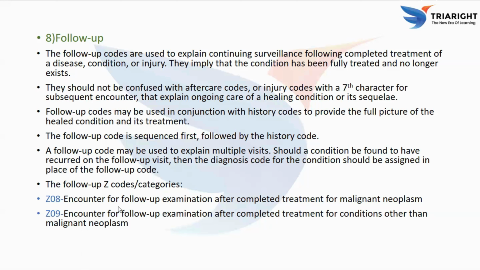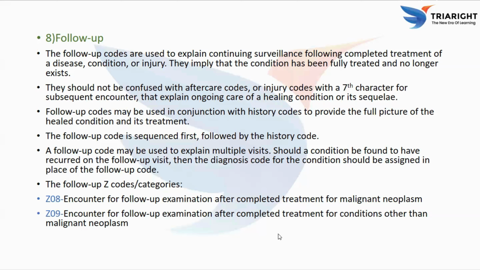This is used when treatment is completed, the condition is not cancer, it is not malignant, and the visit is only to confirm the recovery. For example, follow-up after pneumonia treatment, after a heel fracture, and after infection treatment. This is commonly used with the history codes Z86 and Z87, etc.